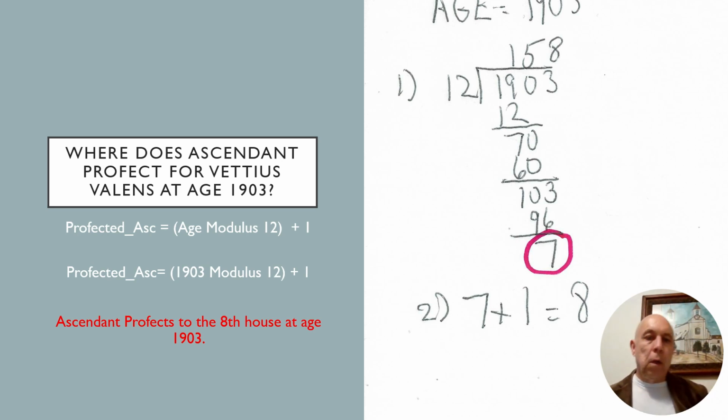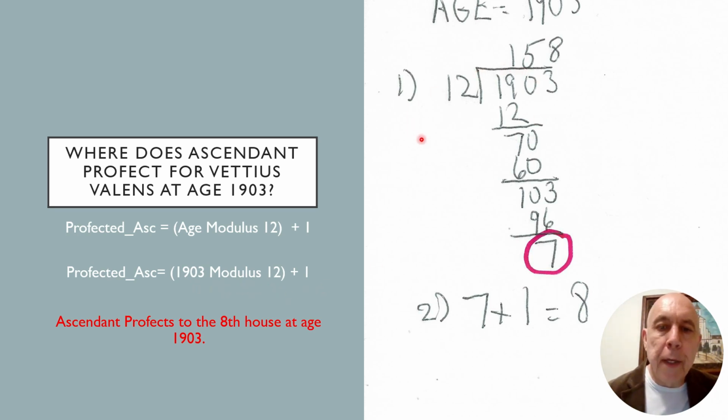So Vettius Valens, at the time of this recording, would be 1,903 years old. And we just use our formula again. So it's going to be perfected ascendant equals 1,903 modulus 12, and then we add 1.